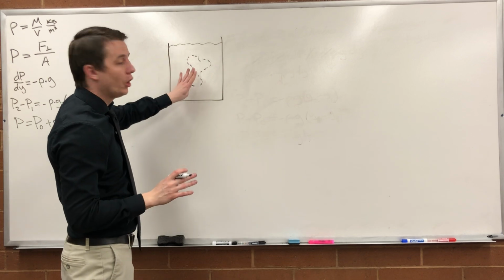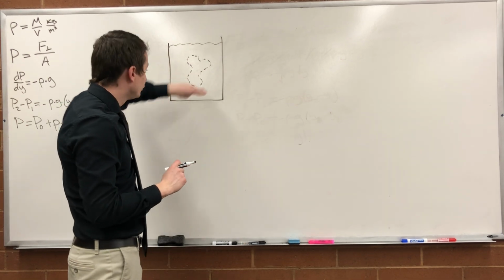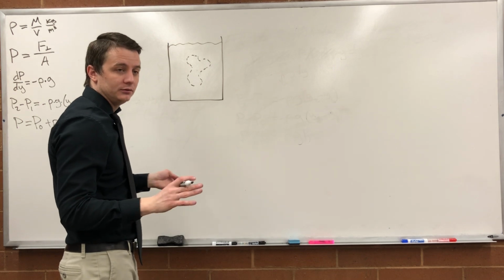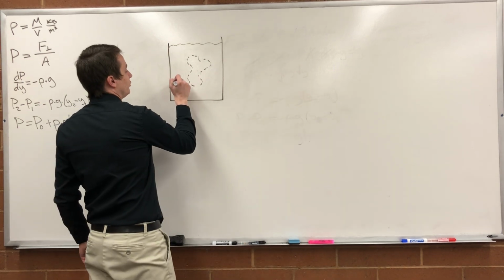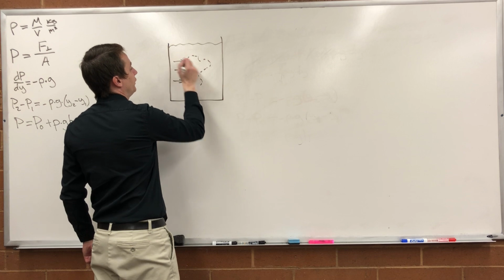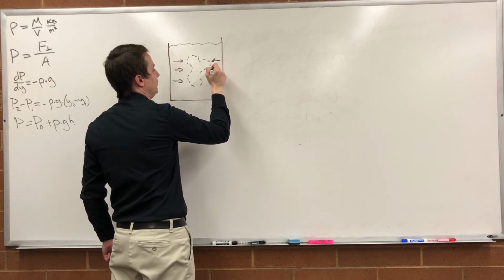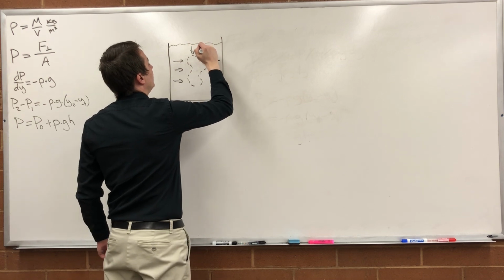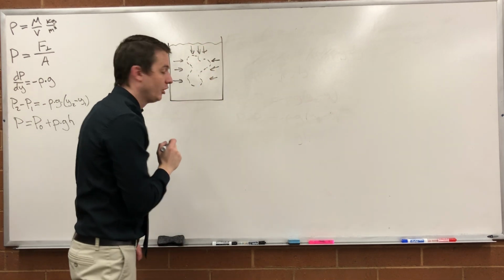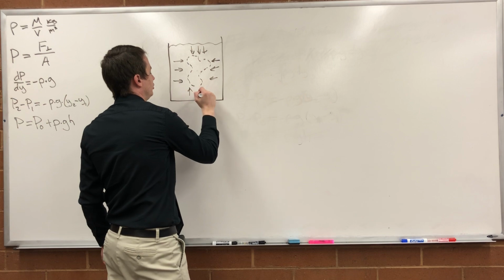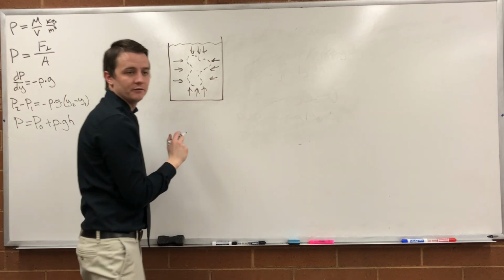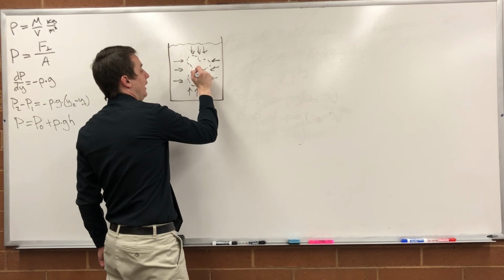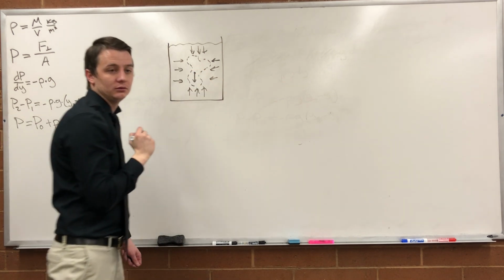So if we were to add up all the forces acting on that piece of water, those forces would come out to zero. All the forces in the x direction pushing this way are perfectly canceled out by all the forces pushing this way. And all the forces on the top are canceled out by the forces pushing on the bottom, with the exception of its weight also pulling it down.